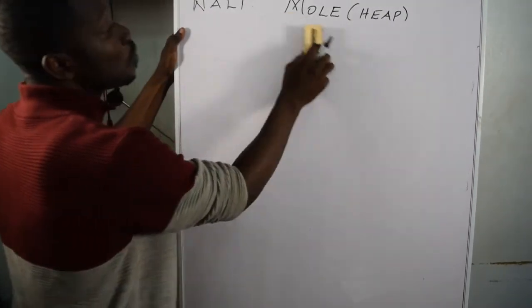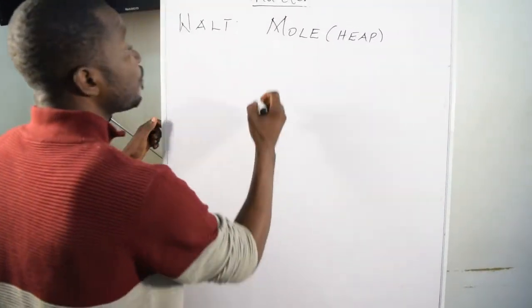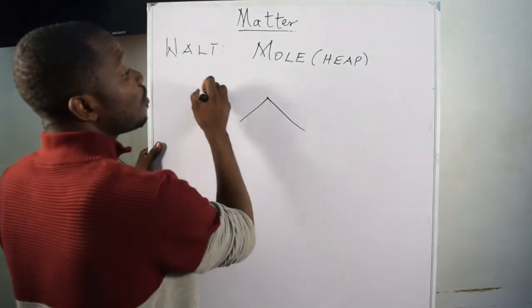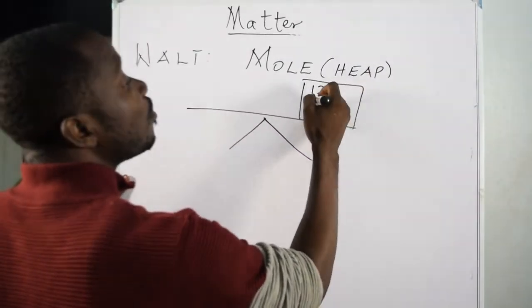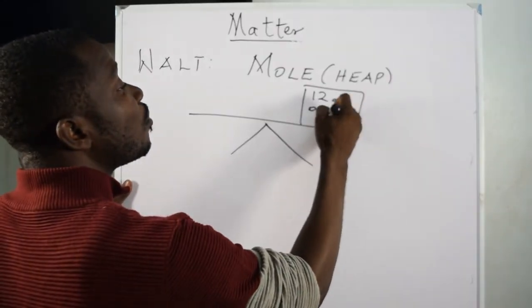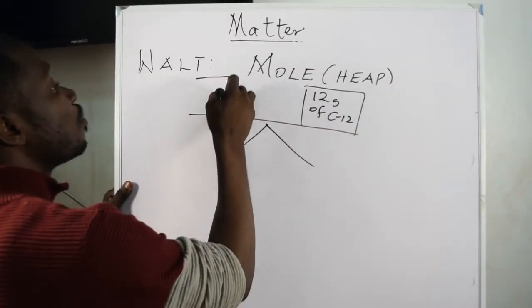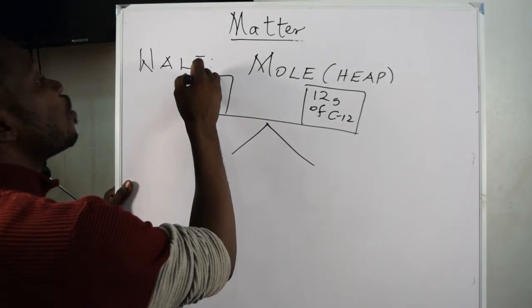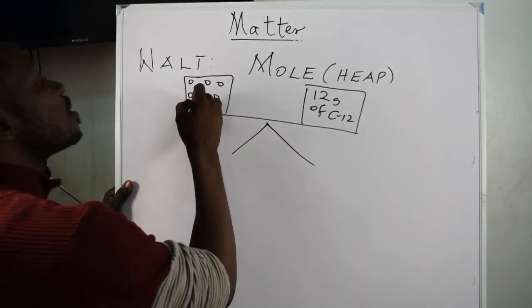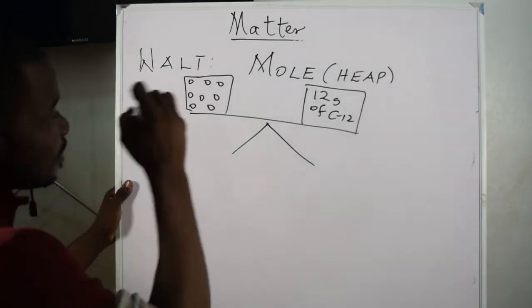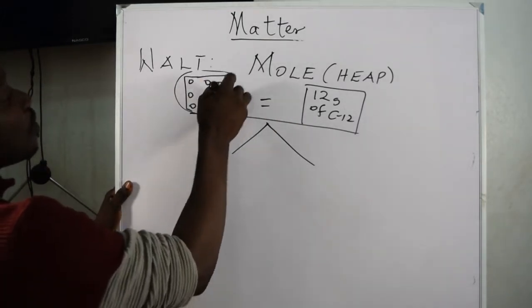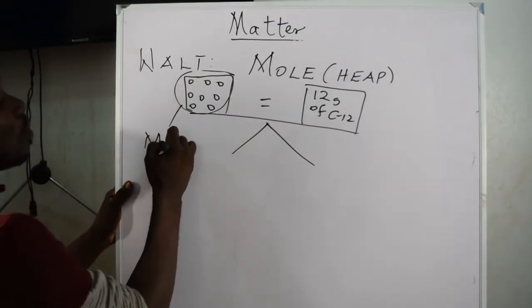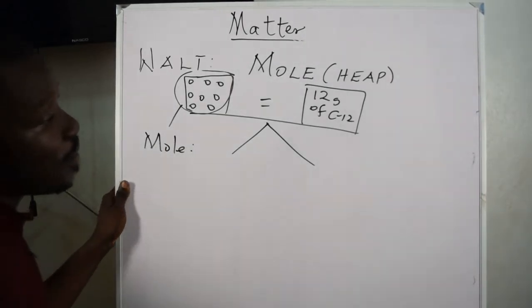I really want us to look at this. How we got the mole. Look at this diagram again. You realize that whatever was here was called mole, and we defined it.